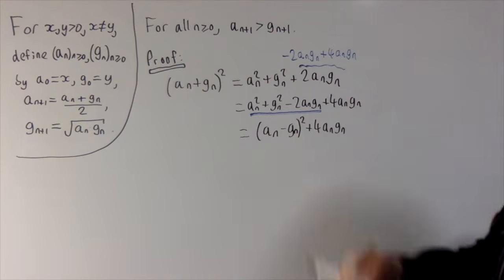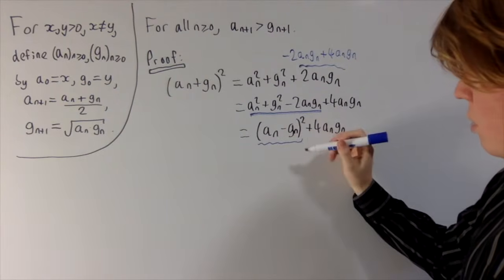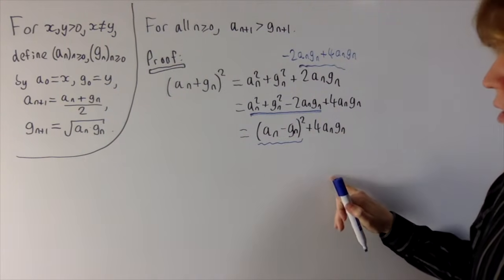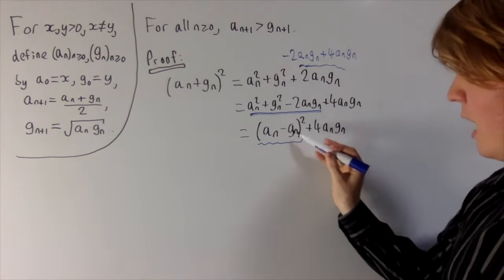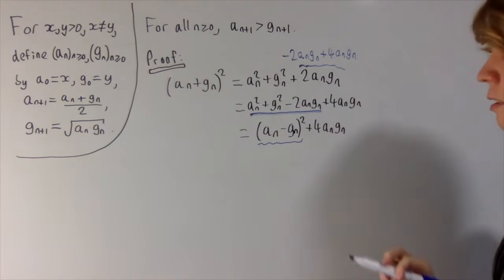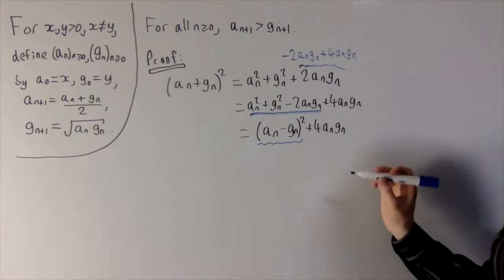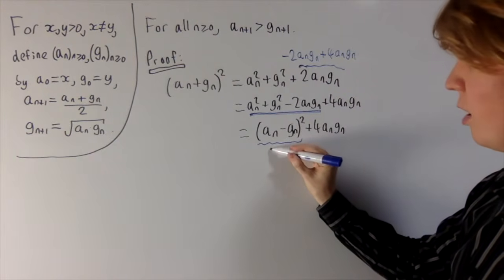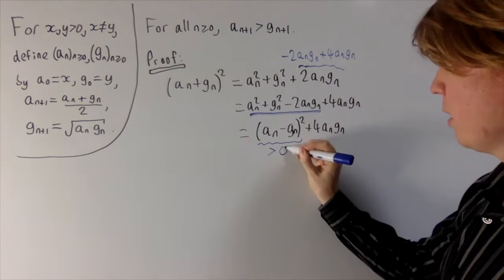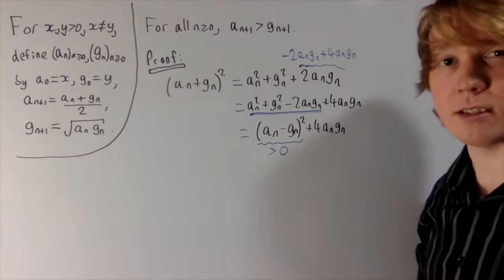Okay, so what we need to do next is, you'll notice, for example, with a_0 and g_0, these are x and y, these are distinct, so (a_0 minus g_0) squared is always going to be strictly greater than 0. And similarly, you can show that for every single term, a_n and g_n aren't going to be equal if you start with distinct numbers x and y. This is why we specify that x is not equal to y.